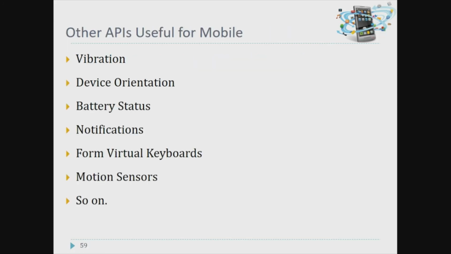Okay, there are APIs useful for mobile vibration, device orientation, whether you want horizontal or vertical, the battery status, notifications, virtual keyboard, the motion sensor, and so on. You can find a lot of APIs that are very useful and can be used for your mobile development.